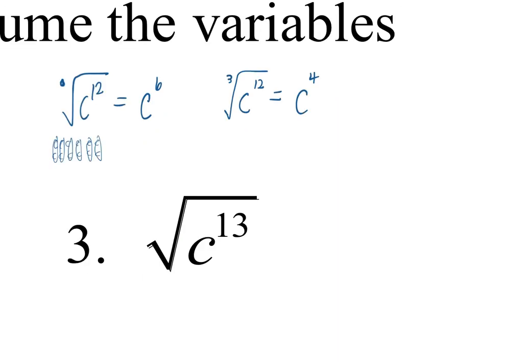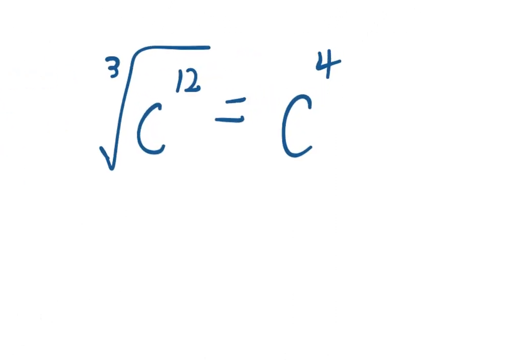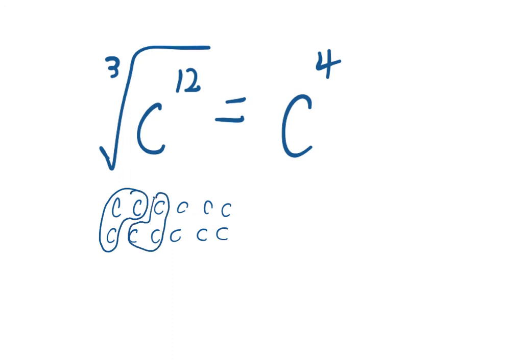And when we look closer at that cube root of c to the 12th, we get c to the 4th as our answer. If you write c out 12 times again, but this time you're looking for groups of 3 because it's the cube root, then you have 1 2 3, 1 2 3. You have 4 groups of 3.